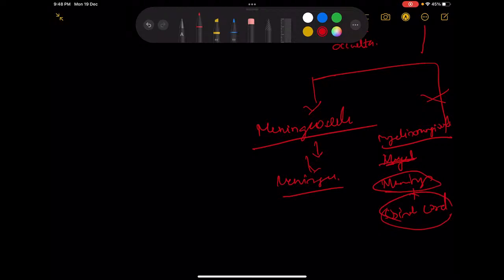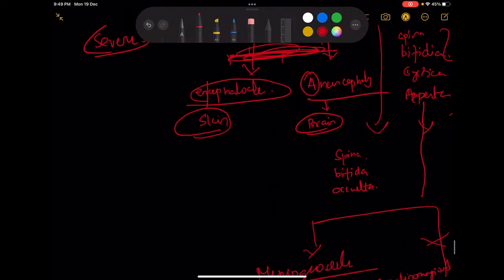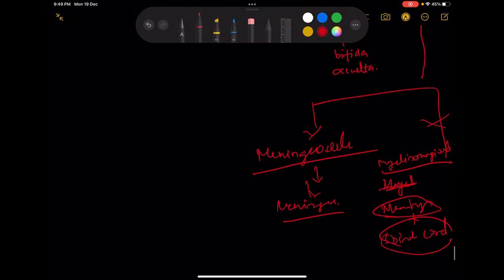While the meninges alone covering the spina bifida cystica is called meningocele, myelomeningocele is where the meninges plus spinal cord are herniating. Okay, thank you.